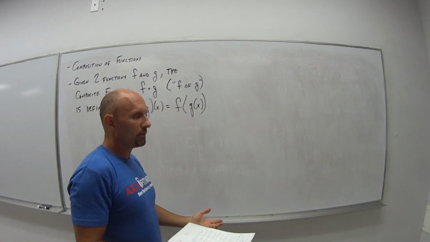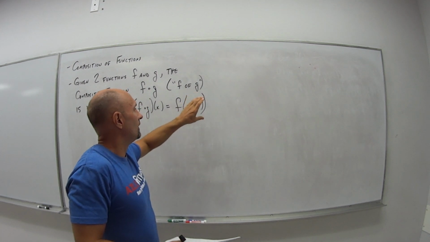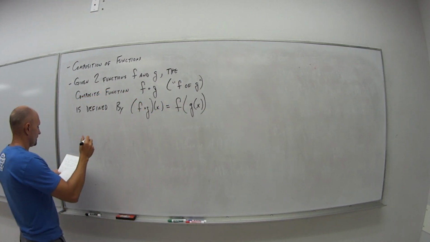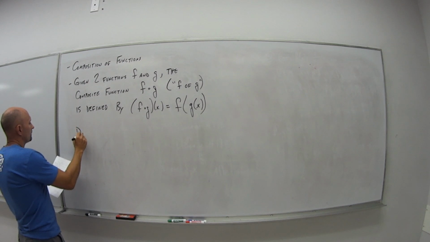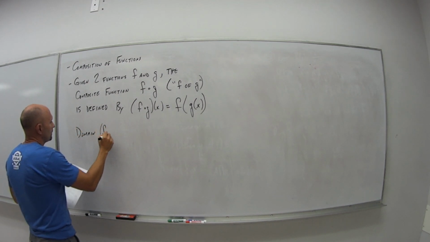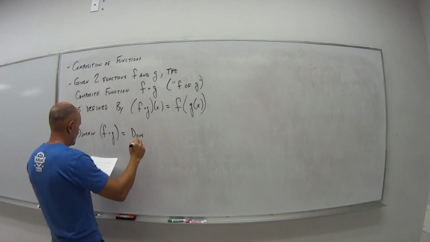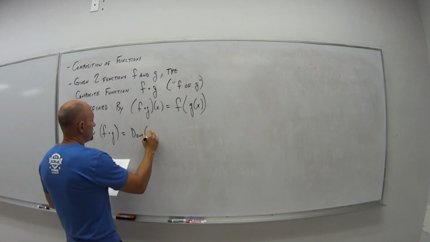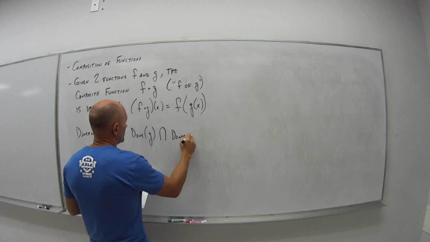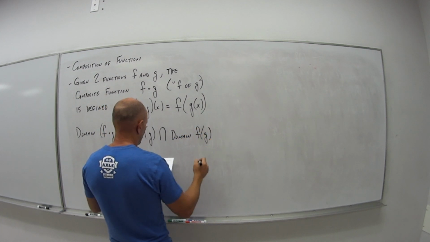Or if we are given a number to evaluate, we can plug that number into the g function, then take that number and plug it into the f function. Either way. And the domain is ultra important here. The domain for f of g is the domain of g intersect with the domain of f of g.